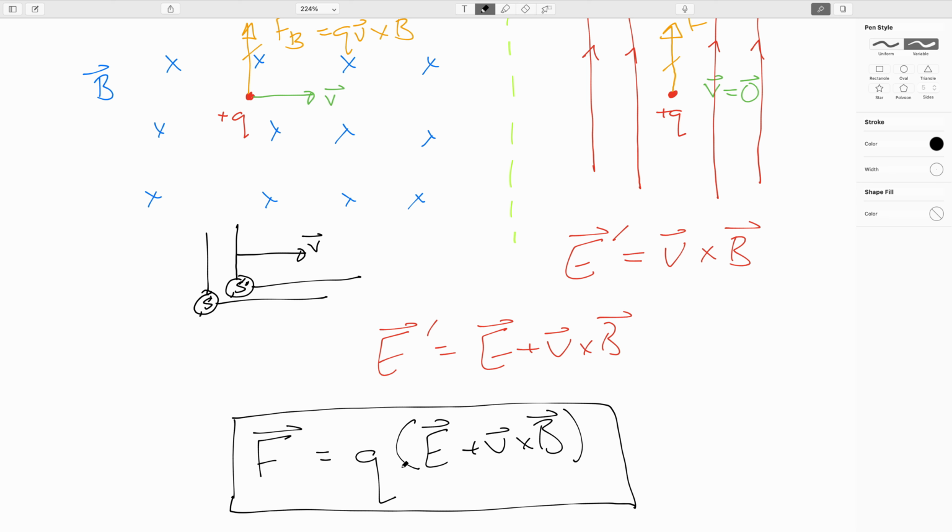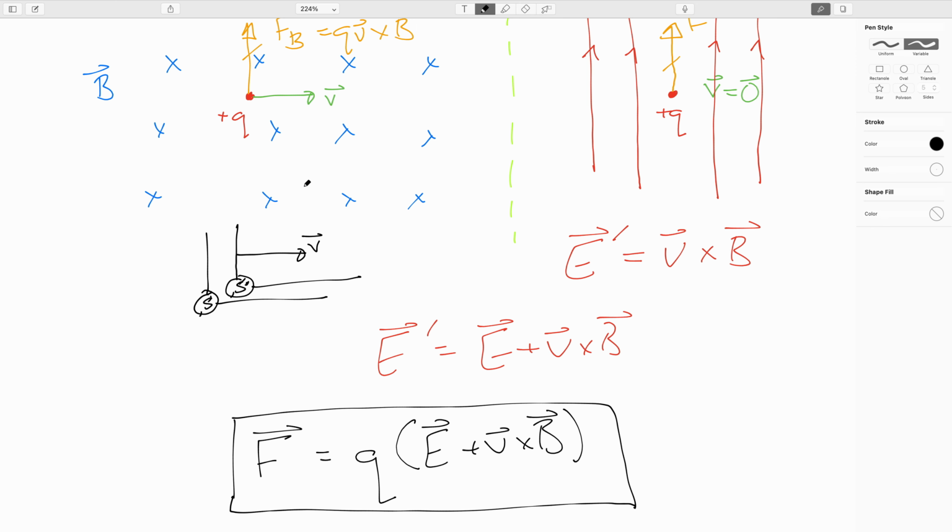At the end of the day, it turns out that relative to the charge, it's always the electric force. It's just that what we say the electric field strength is and what the charge says the electric field strength is are different. And this is actually our first hint of what's going on with relativity. What we're catching on to here is that different observers are literally having different experiences of space.